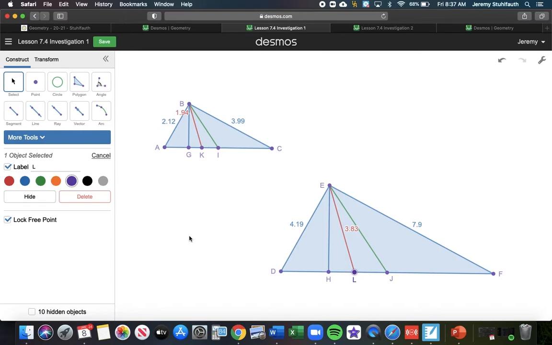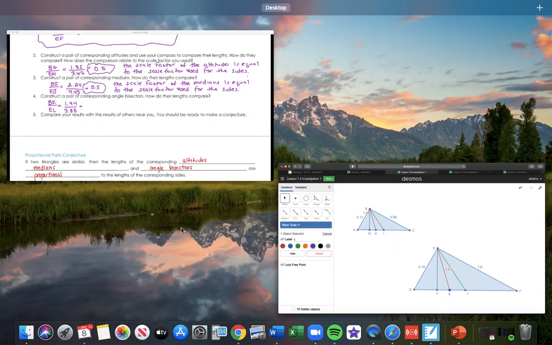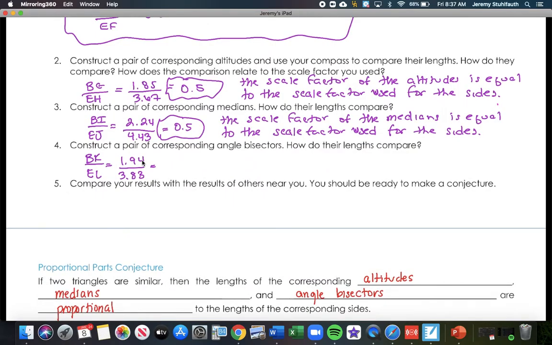And those distances are 1.94 to 3.83. And if we come back to our notes, we have 1.94 divided by 3.83. You can probably guess, again, we get a scale factor of 0.5.